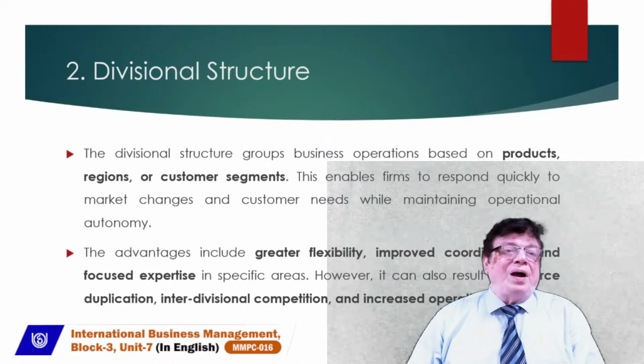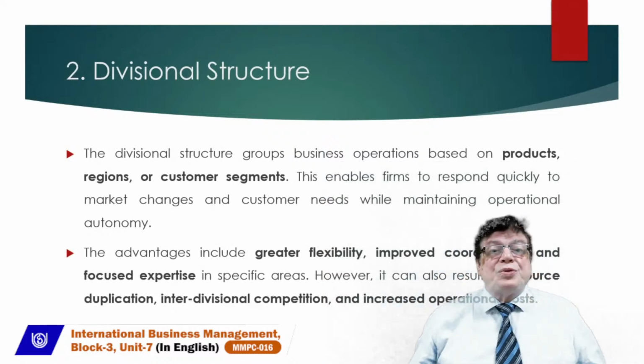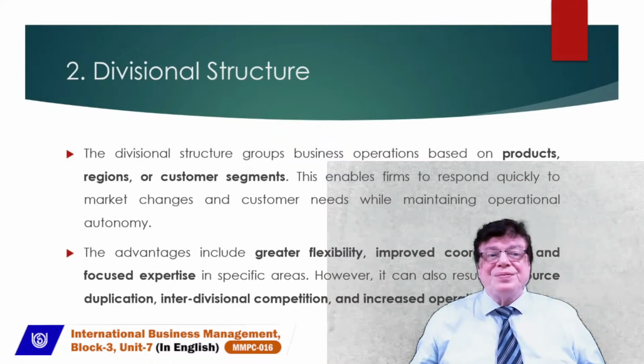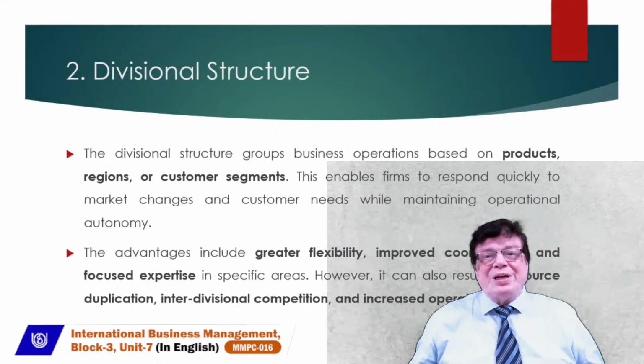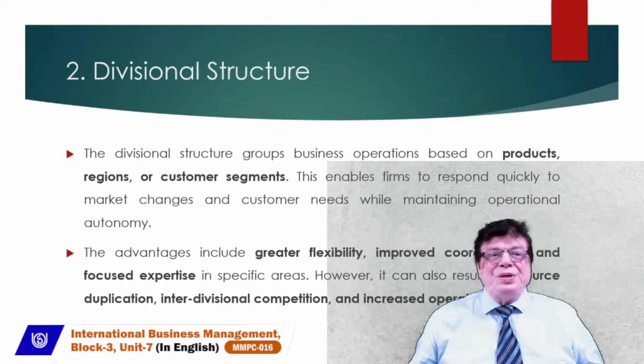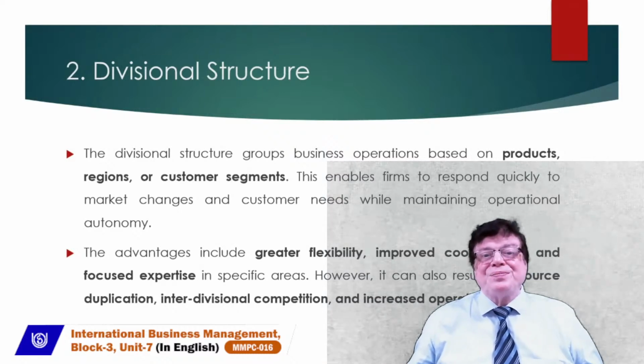So, under divisional structure, we have seen the divisional structure groups business operations based on products. How many products are there? On that basis. Then regions, where we are going to sell, or customer segments, where are the customers.